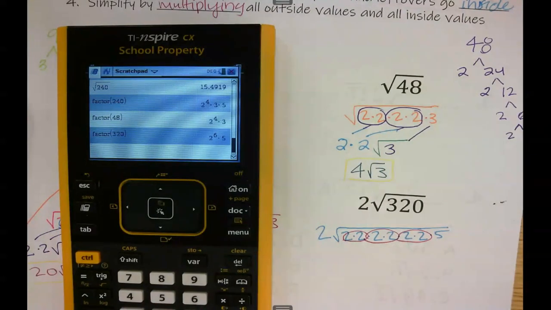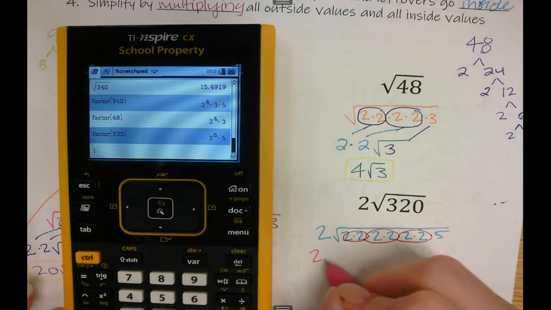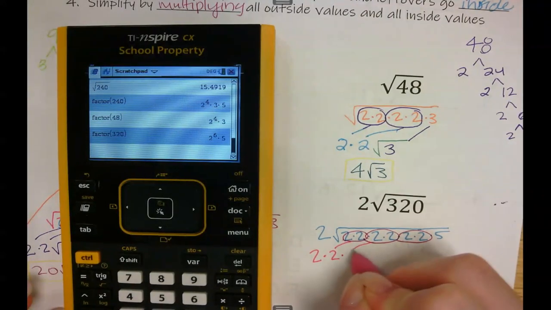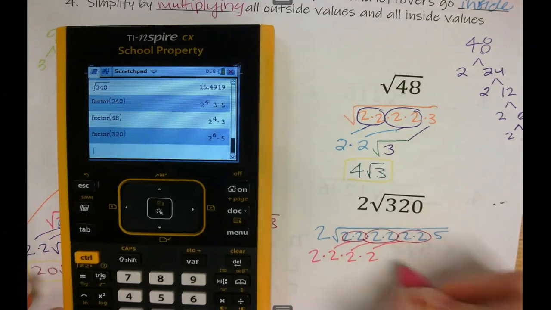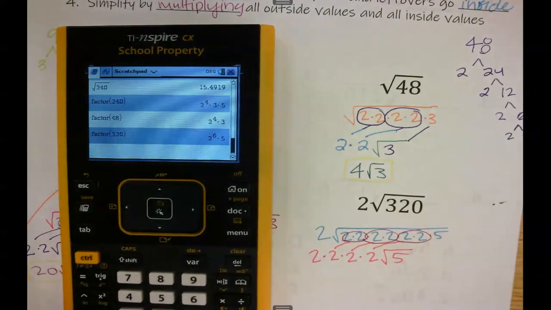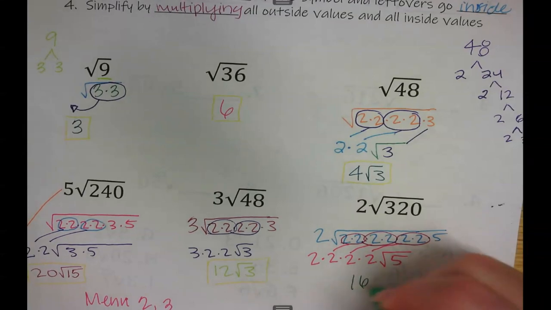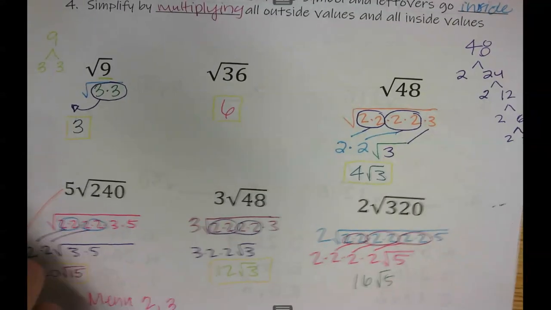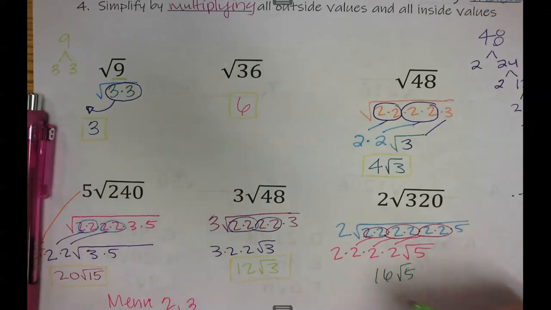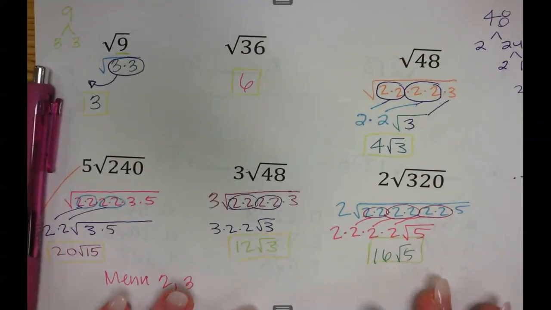So we already got this 2, and we've got this 2, and this 2, and this 2, and that 5 is a lone guy inside. So 2 times 2 times 2 times 2 is 16 square root of 5. And that is our answer.